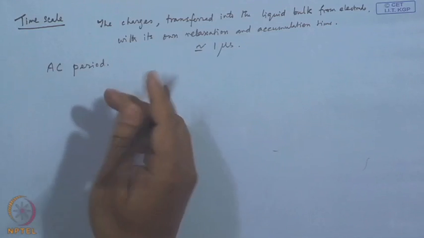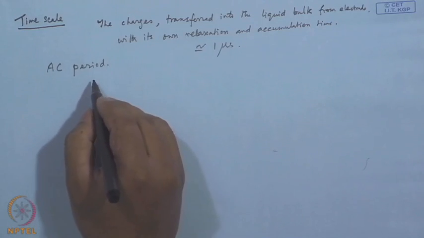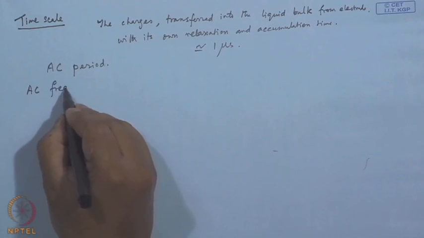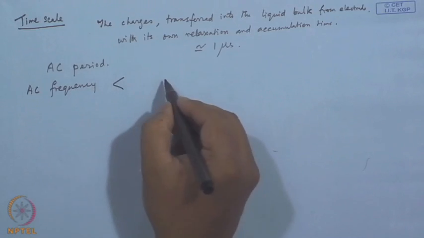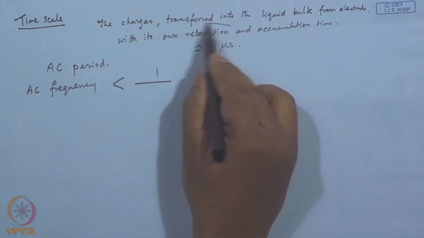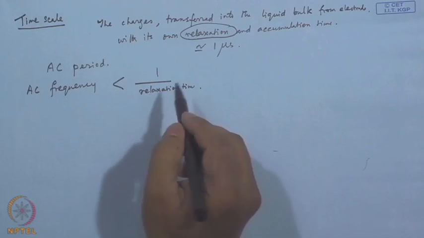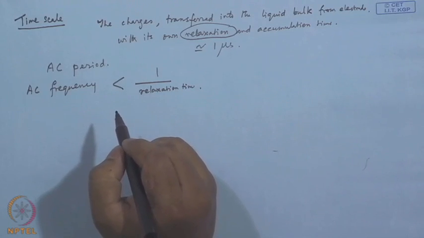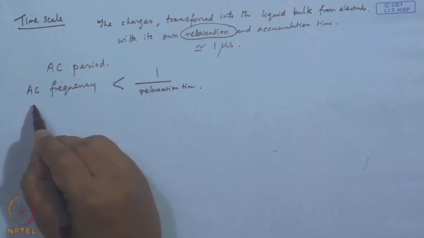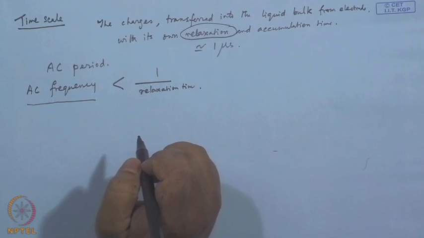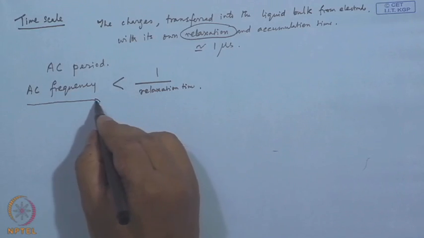So, if this AC frequency is less than 1 divided by this relaxation time we are talking about, see, there is an issue.